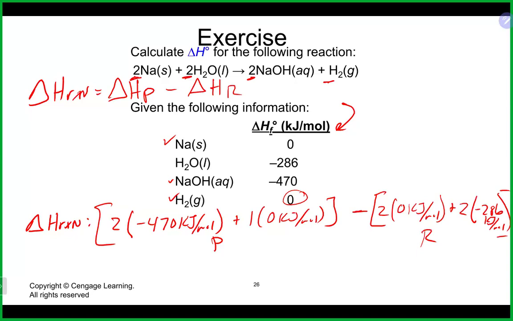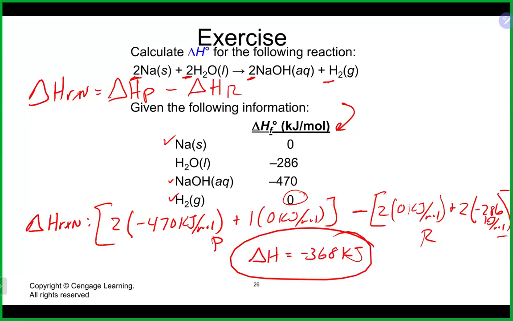So if we do all this here, basically it's 2 times minus 470. Then we're going to subtract 2 times negative 286. That's going to give me a delta H in this case of minus 368 kilojoules. First off, any question on the calculation there?